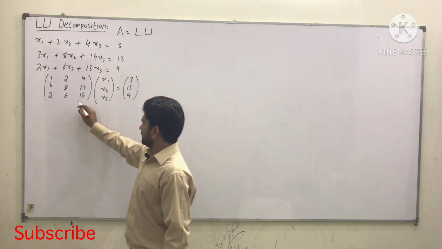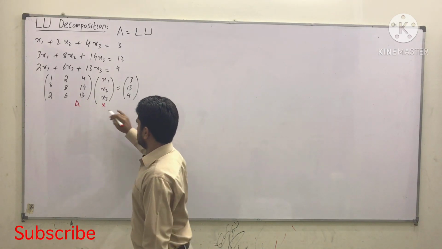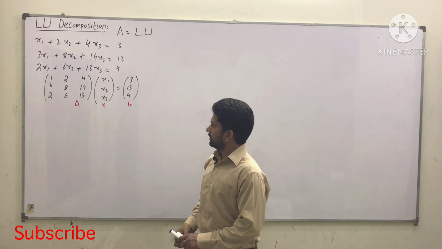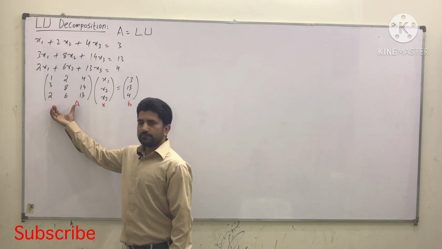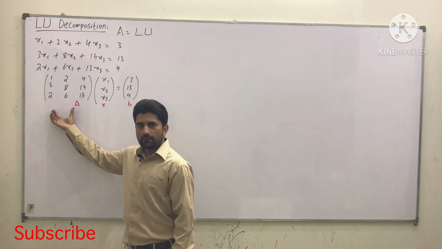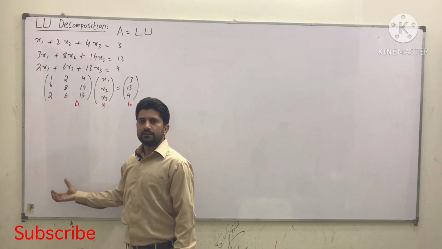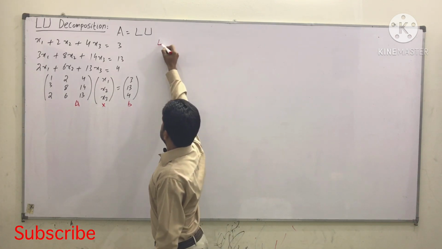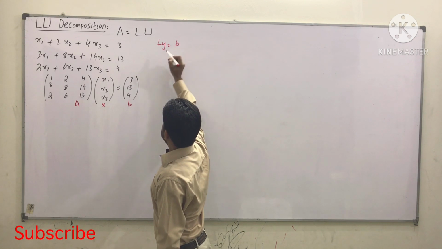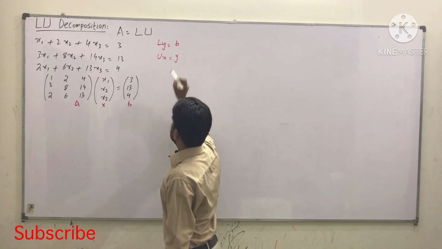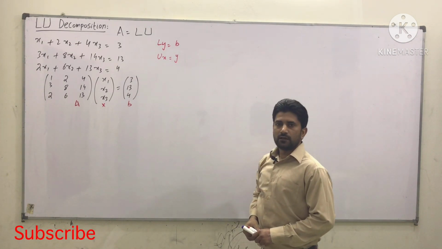Suppose this is matrix A, X and B. First we are going to find the upper triangular, then with the help of the upper triangular we find the lower triangular. Then we use these two formulas, Ly equals B and Ux equals y, and we find our solution.